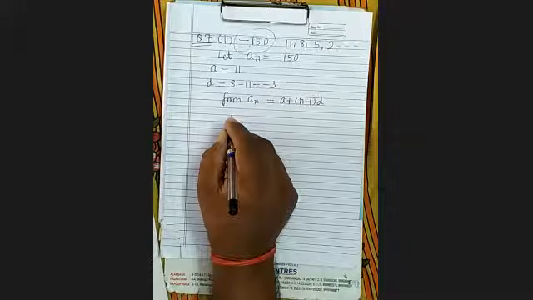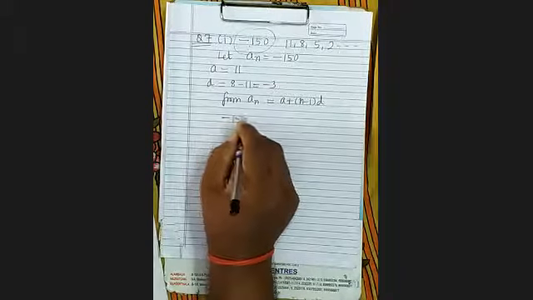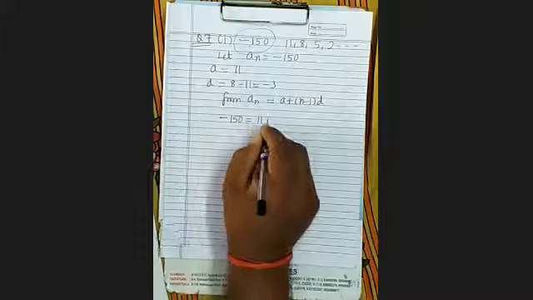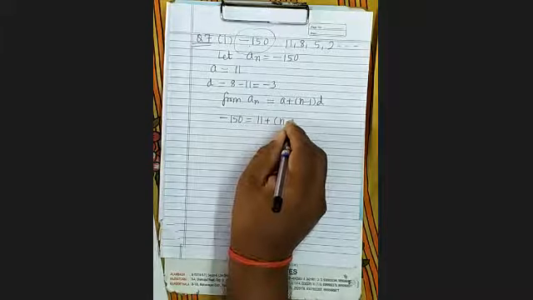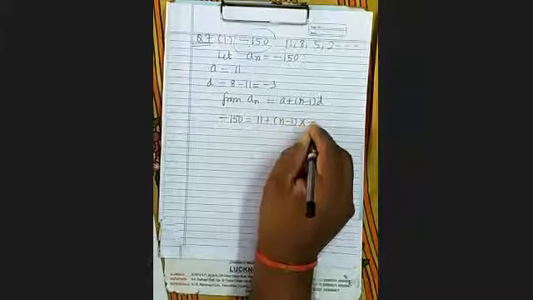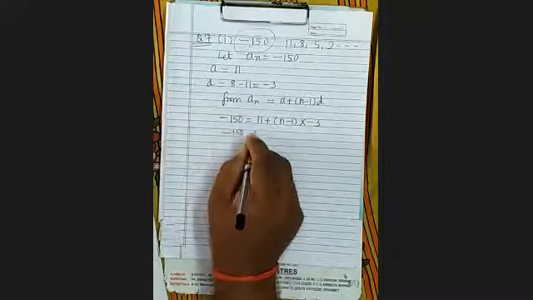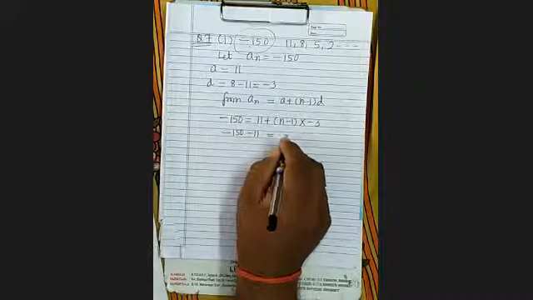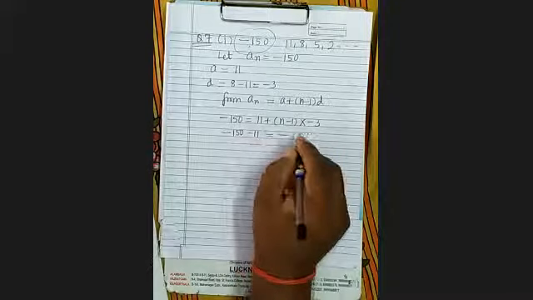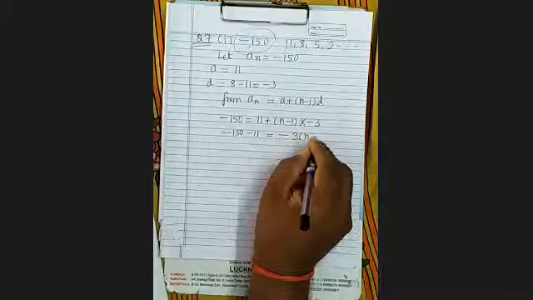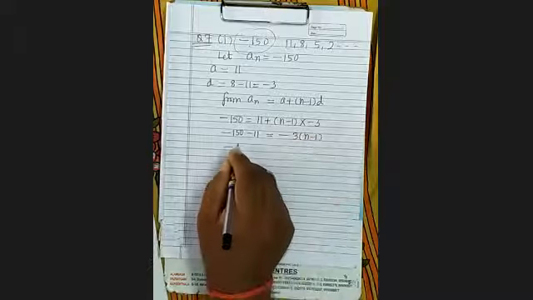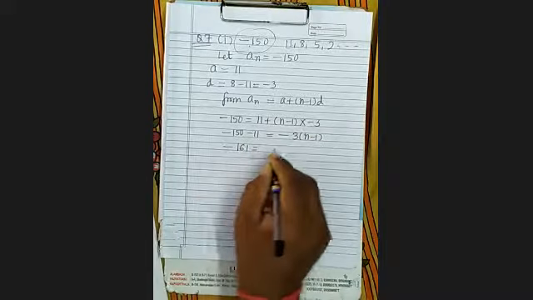An is given, minus 150. So minus 150 equals 11 plus (n minus 1) into minus 3. So minus 161 equals minus 3 into (n minus 1).